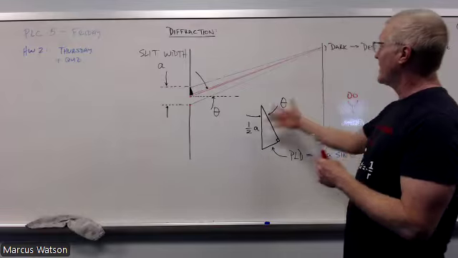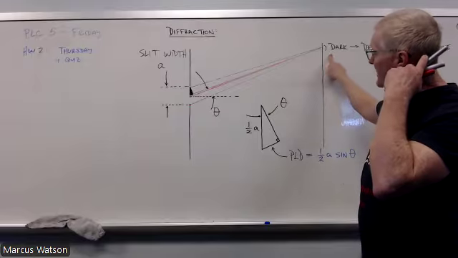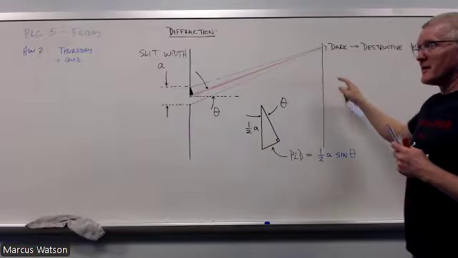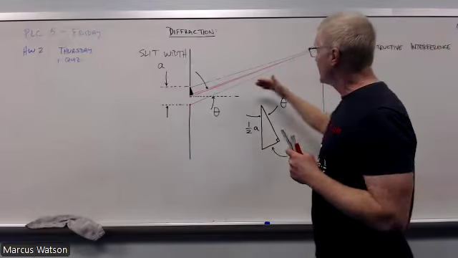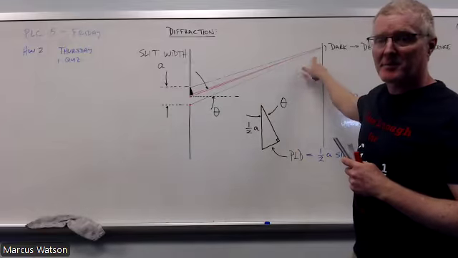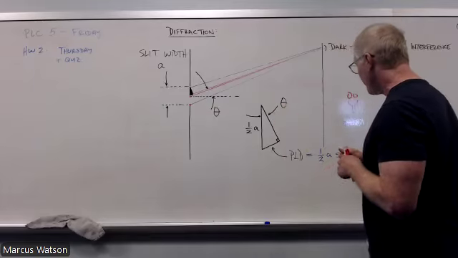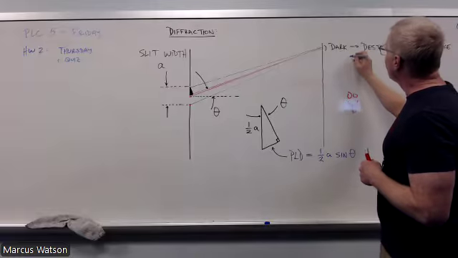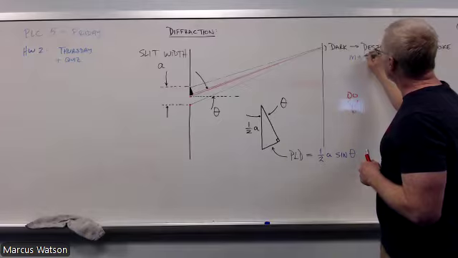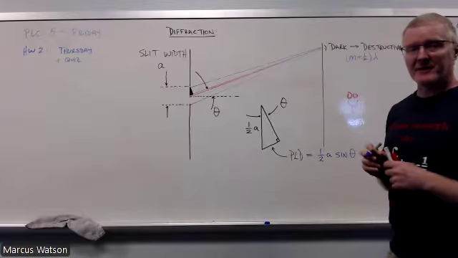I'm going to say, if I have a dark spot here, then I had better think about this path length difference being a half a wavelength. I'm going to consider this to be not only a dark spot, but the first dark spot. Therefore, if I consider this destructive interference, that means I'm operating with m plus a half lambda in the path length difference.